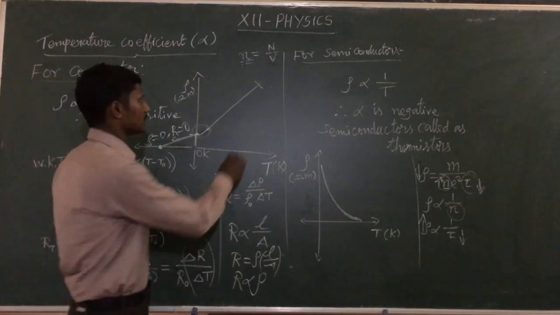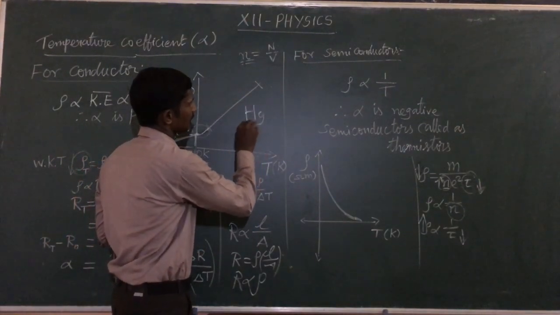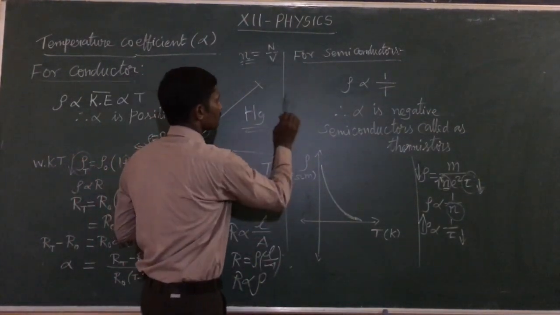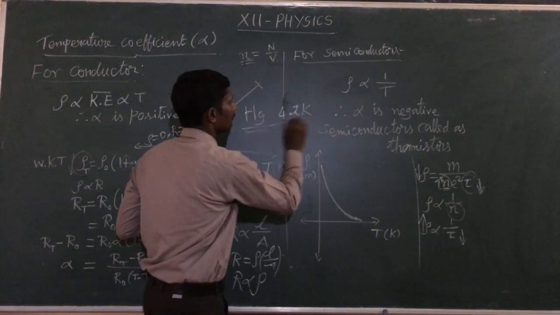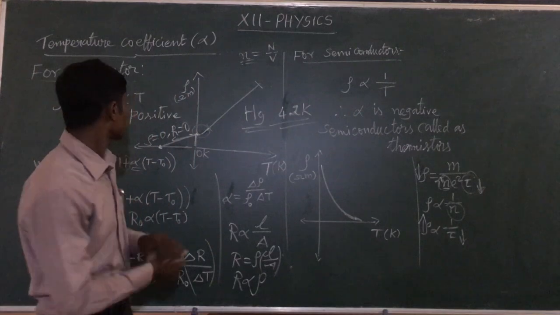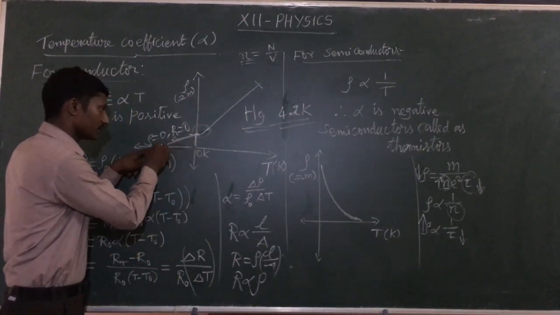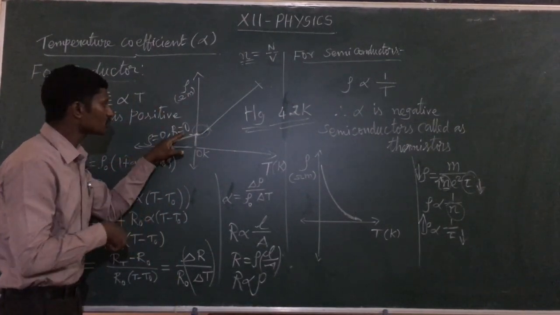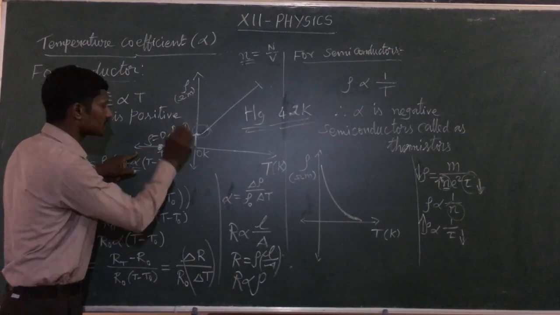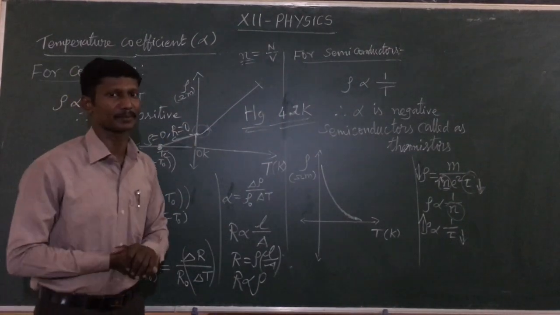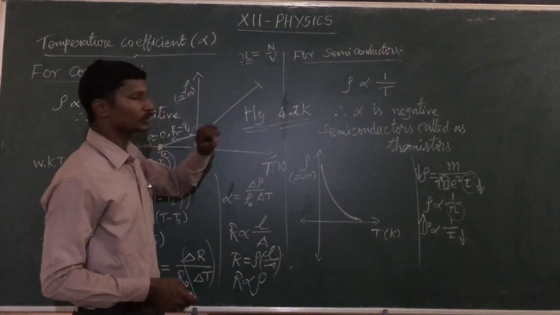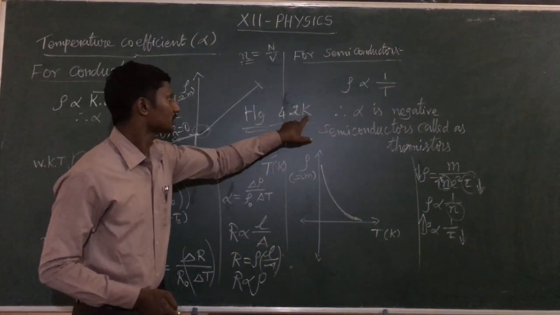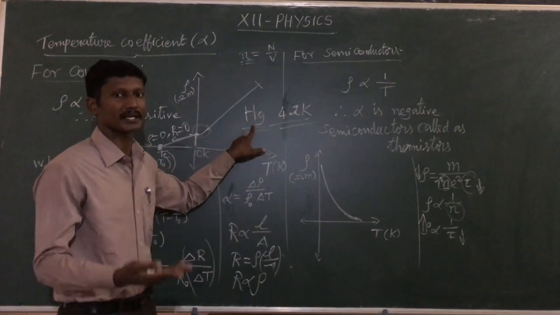For mercury, Hg, at 4.2 Kelvin, when R is equal to 0, that temperature is known as the critical temperature or transition temperature. At 4.2 Kelvin mercury becomes a superconductor.